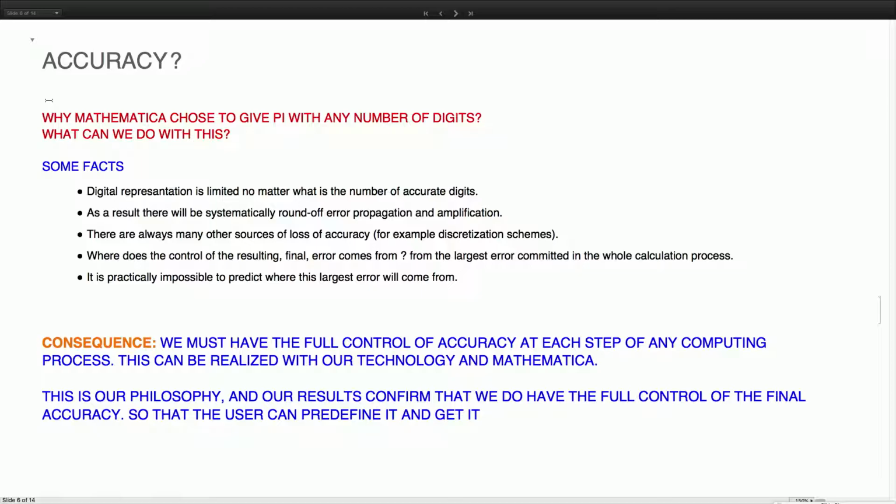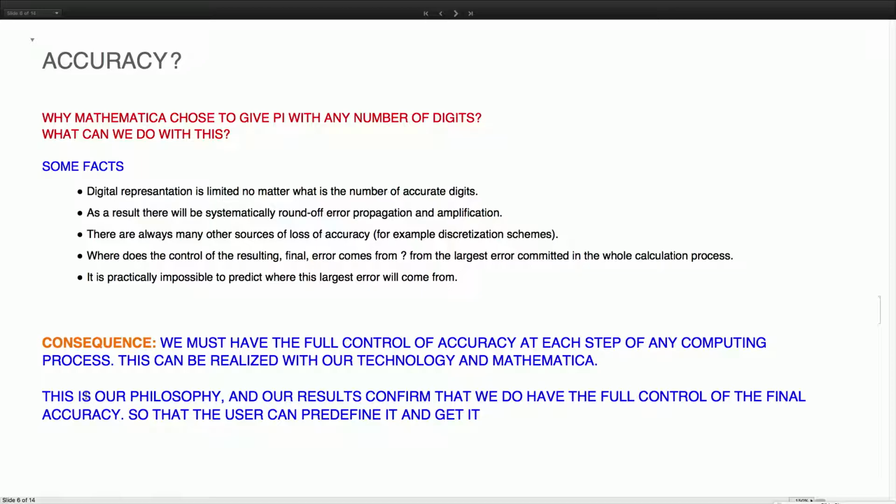It can come from your discretization method. And the resulting method will always lead to keeping the largest error committed in the calculation. Also, it is really not easy to predict where this error is coming from. So the best is to use everything best possible, starting from your numerical calculation. That is our philosophy, that our results can confirm that we have full control of the accuracy. That's important.